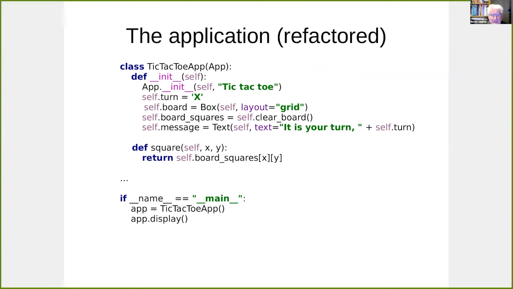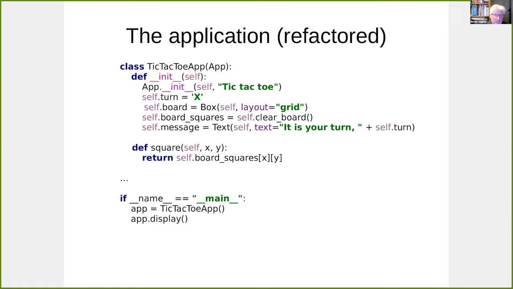The application itself, I've left most of the code out because it's not particularly relevant to what we're doing, but essentially it creates an application which has information about whose turn it is, and then it has a 3x3 set of board squares in a box, which will be used to hold the noughts and crosses.